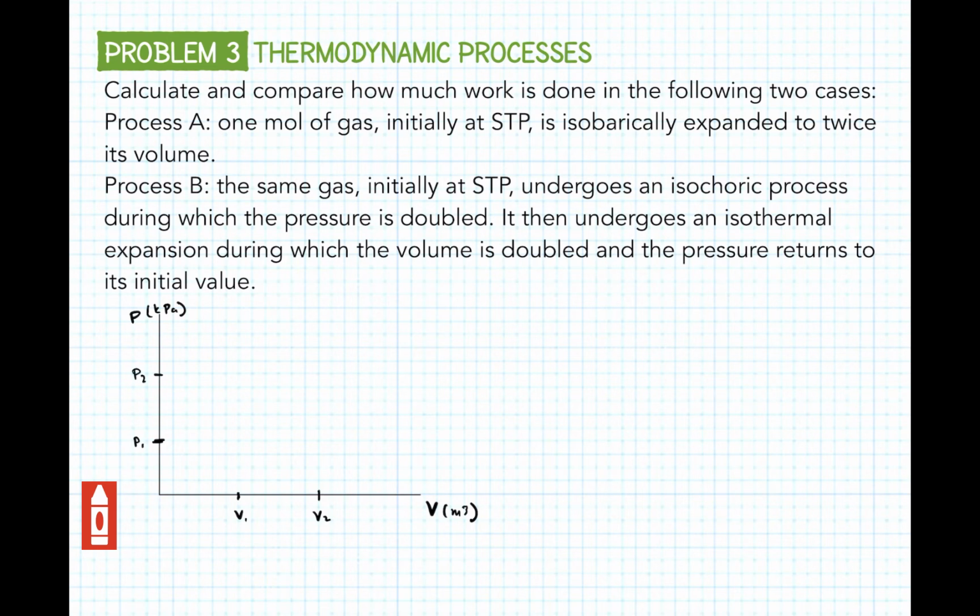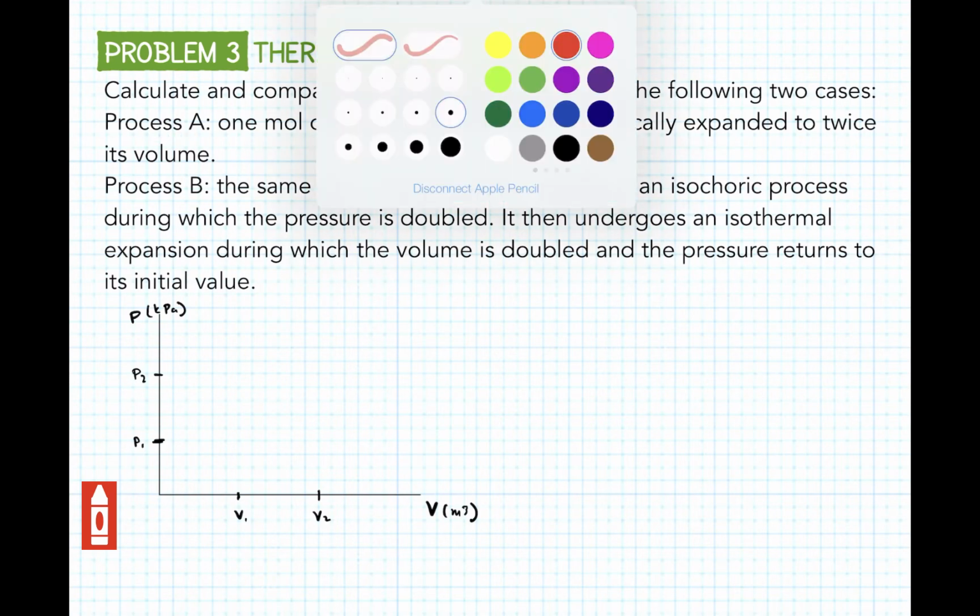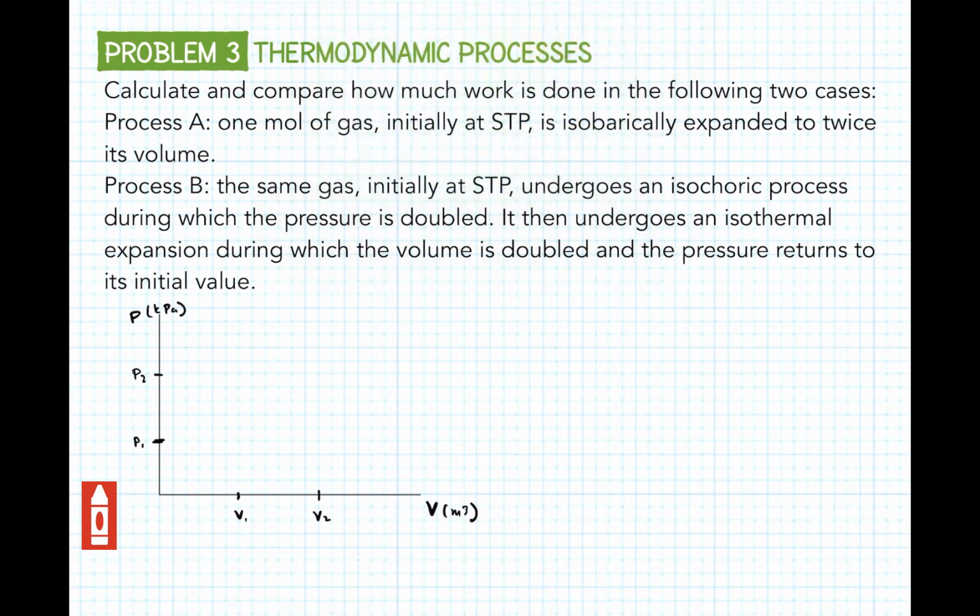So starting with process A, all right, we'll pick a color here. We'll make process A green. So process A, that means we have 1 mole of gas at standard temperature and pressure is isobarically expanded to twice its volume. So let's say this is our STP, so that means we know what our volume is from the example in the last chapter where we calculated 1 mole volume at STP.